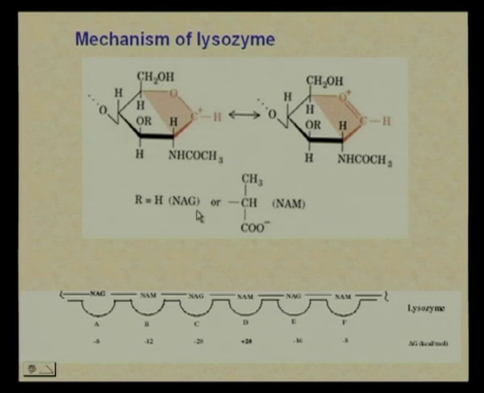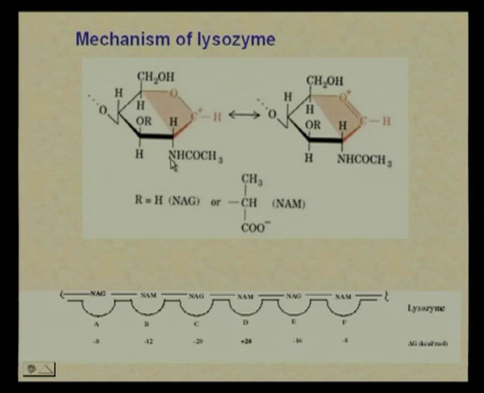So, it is NAG and NAM, and the N-acetyl is because we have an NH-COCH3 attached here. So, the basic structure of this is an NH-COCH3 that accounts for what is called the N-acetyl in both cases.